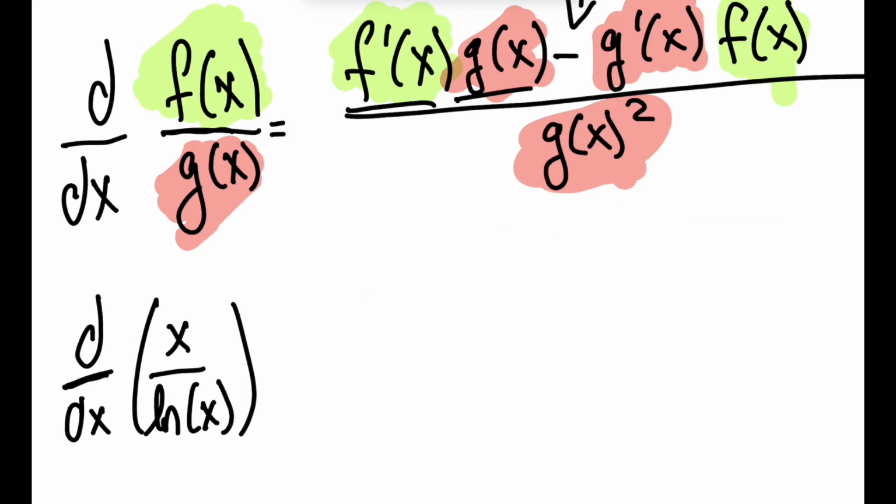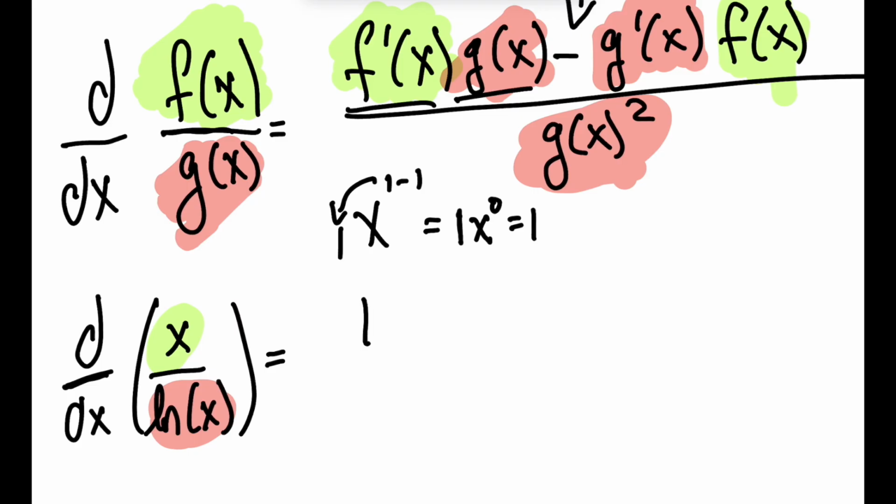All right, let's go ahead and try and find the derivative of x over natural log of x. Remember, we need this function to be our numerator function, and this function will be our denominator function. All right, here we go. The derivative of x using our power rule, we bring down the 1 and then subtract 1 from the exponent. This is going to give us 1x to the 0, which is just equal to 1.